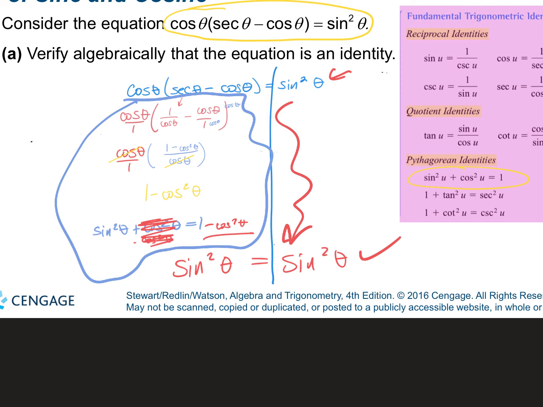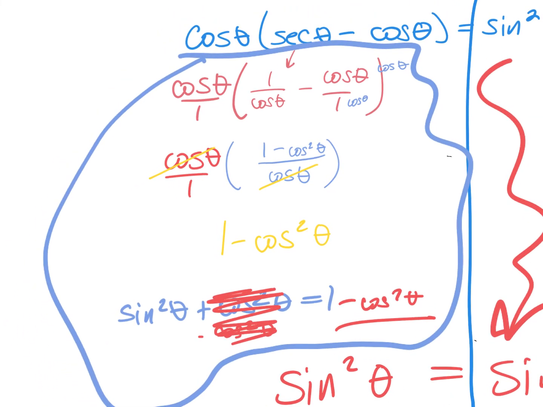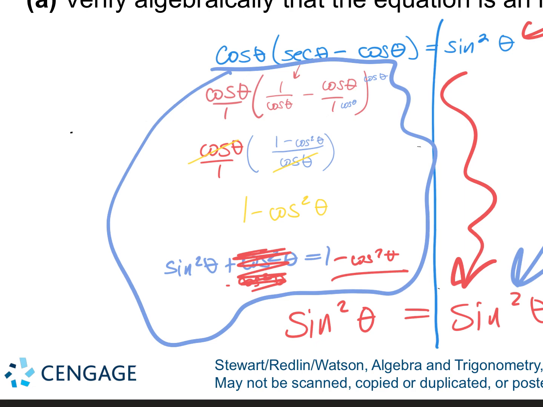Every single semester, someone goes through and they just write all kinds of random identities from the sheet that I give you, and then at the end write sine squared equals sine squared. If it doesn't make logical mathematical sense, you're not going to get credit for just writing this last statement. Does everybody understand that? Yeah. This has to follow mathematical thinking, which we are going to get better at. You guys are doing a great job. I know this seems like a lot, but you're doing a great job.